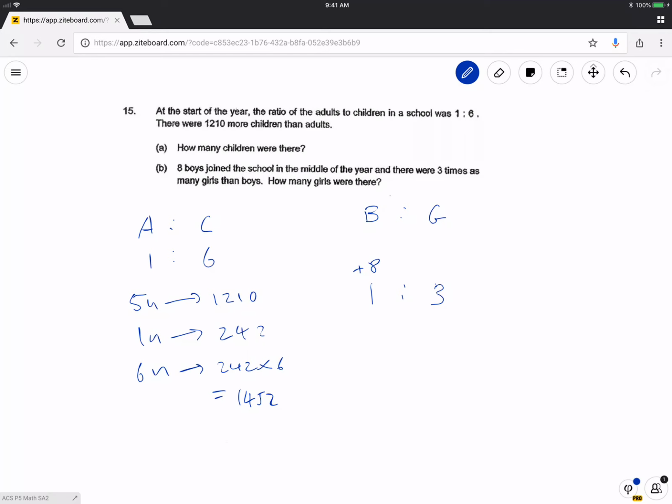Girls remain unchanged, but for boys, before it was 1 unit minus 8.